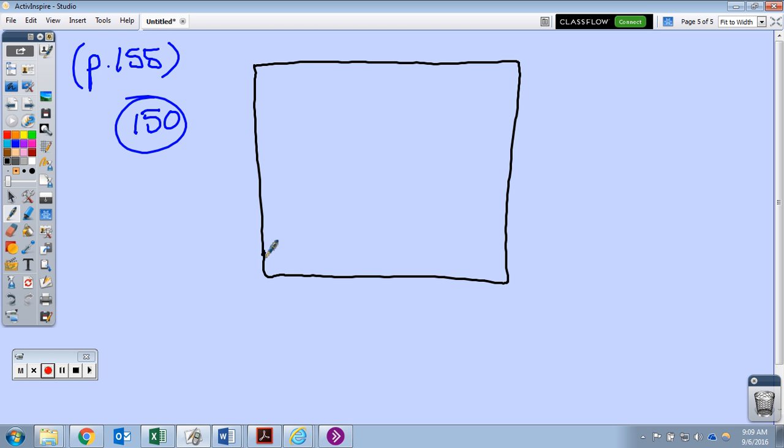So this thing ends up cutting, and it says that 3 inches. I'm going to use the abbreviation.